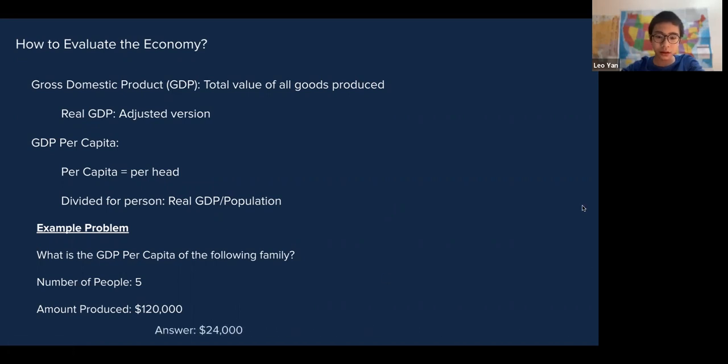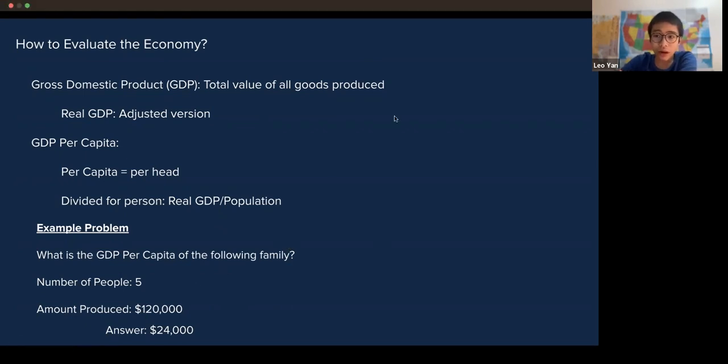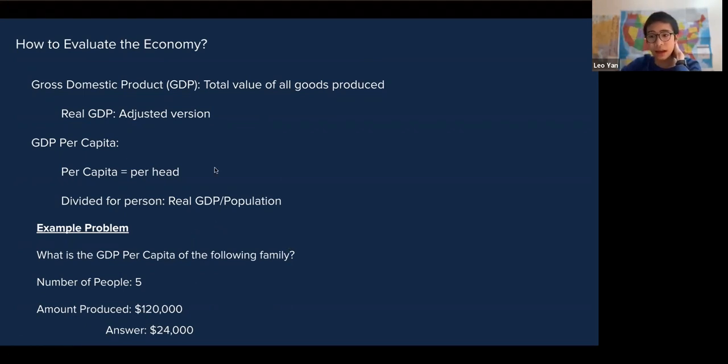The answer is 24,000, because obviously this is really unrealistic because hopefully there's no child labor going on within this family. But if you look at the formula here, it's basically real GDP, and GDP is basically the amount of money that's produced, the amount of value that's produced divided by the population. So the problem already says that the total amount of worth produced is $120,000, and the amount of people within the family is 5.